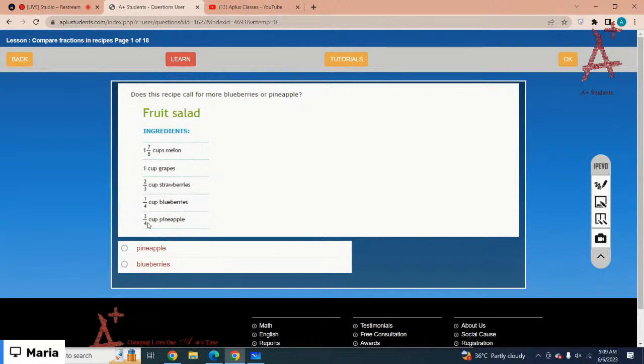So which is more? 3/4 is greater than 1/4. Got it? That means you need more pineapple than blueberries.